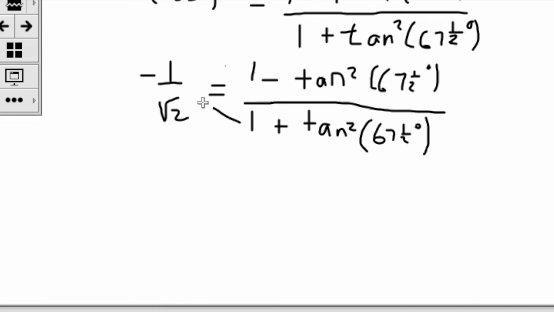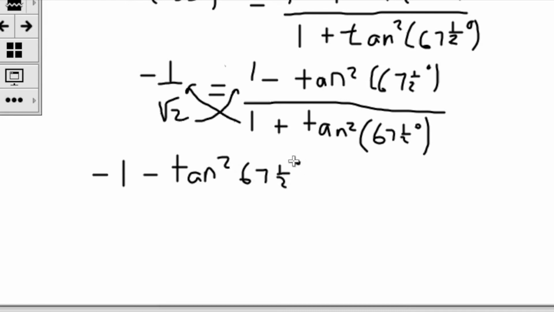So what I'll do is multiply minus 1 times 1 plus tan squared 67 and a half, and root 2 times 1 minus tan squared 67 and a half. So minus 1 times 1 is minus 1, and minus 1 times tan squared 67 and a half will be minus tan square 67 and a half degrees.